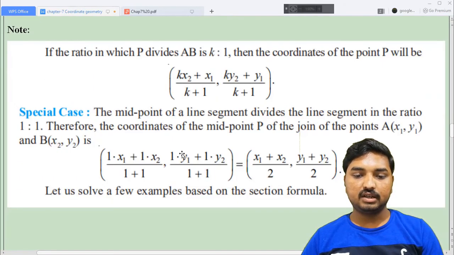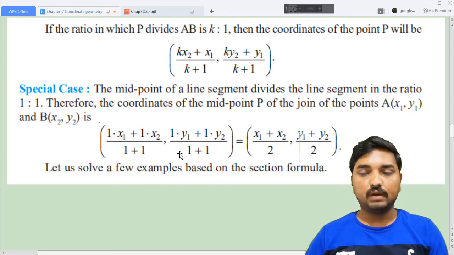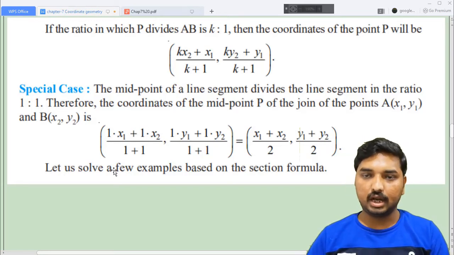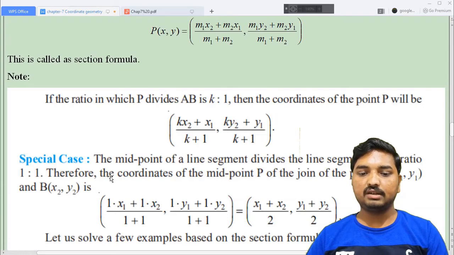And the special case is, as I told you initially, in the first example I divided a straight line of 10 centimeters into two equal parts. That point is called the midpoint of the straight line. To find the midpoint, there is one more formula, derived from the section formula itself.